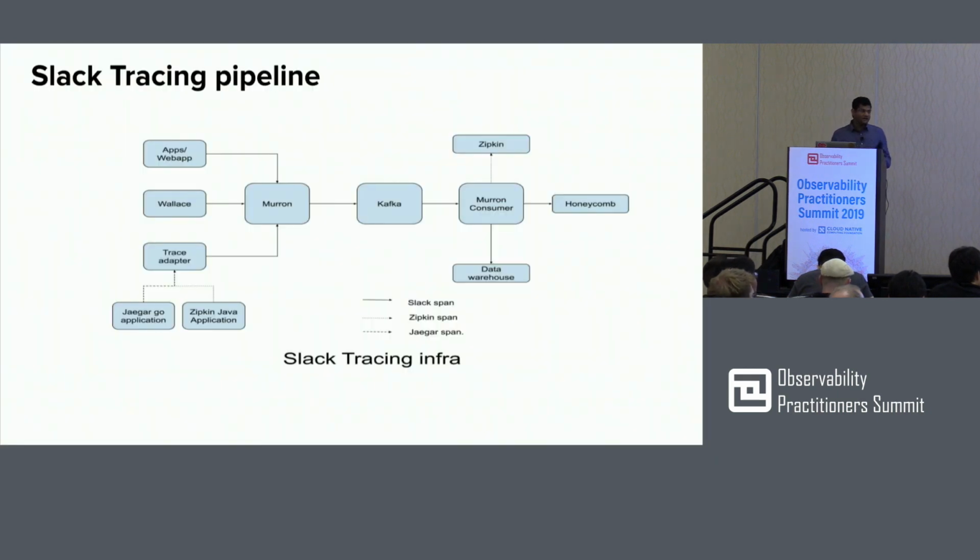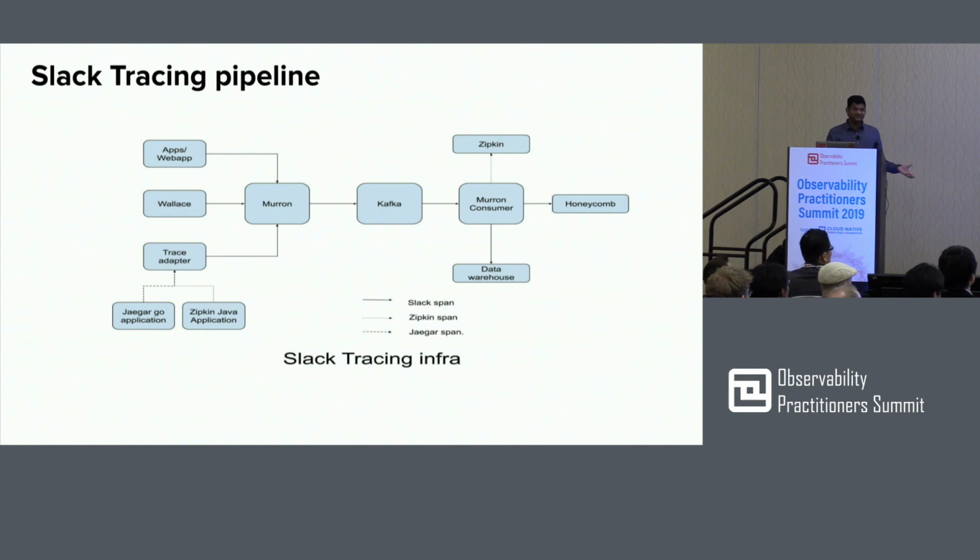This is the part where I'll talk about our pipeline and infrastructure, but these bits are not very exciting, it's pretty standard. We have our apps which generate spans. We generate span events, some from internal apps.